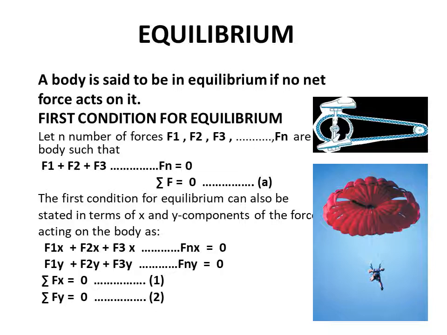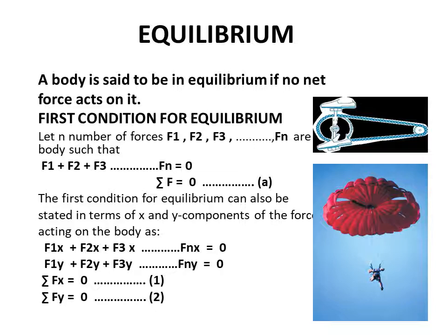Let n number of forces F1, F2, F3 and so on up to Fn be acting on a body such that F1 + F2 + F3 + ... + Fn = 0. Symbol sigma F is equal to 0.